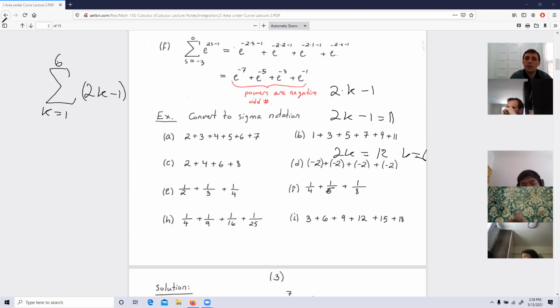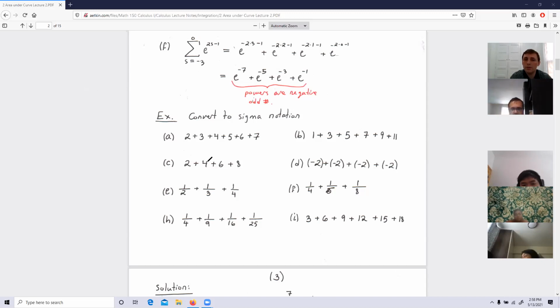Now, very quickly, how do I write the summation 2 plus 4 plus 6 plus 8 in sigma notation? Those are even numbers. The expression is 2k, good, and it goes all the way to 4.